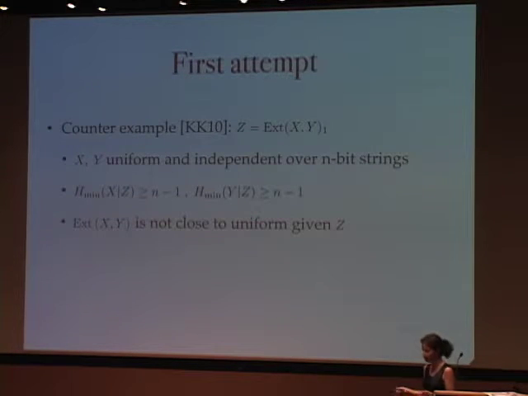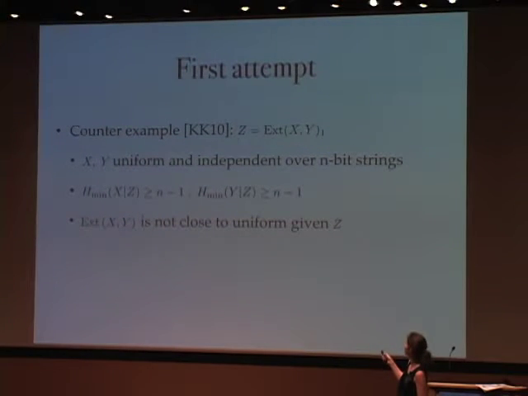Unfortunately, this is impossible, so there are no functions that fulfill this definition. We know by a work by Kasher and Kempe this counterexample, which is very simple. If we have X, Y, which are uniform n-bit strings, so they have full entropy, now we take any function that we wish to prove is an extractor, and we basically give the adversary just the first bit of the output of the extractor.